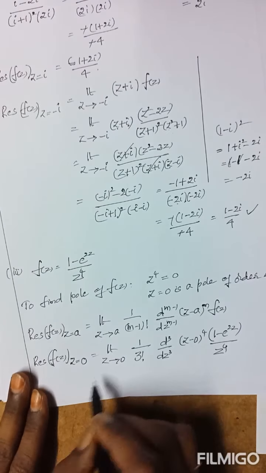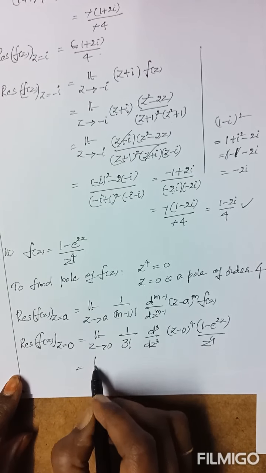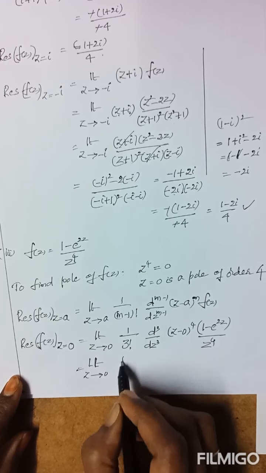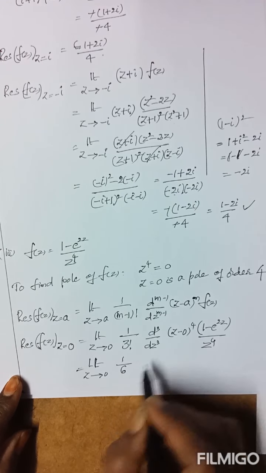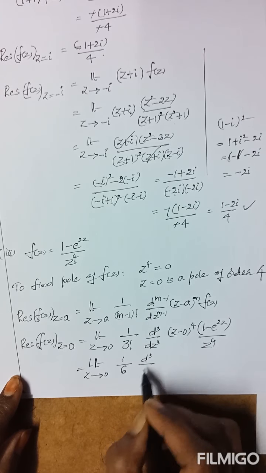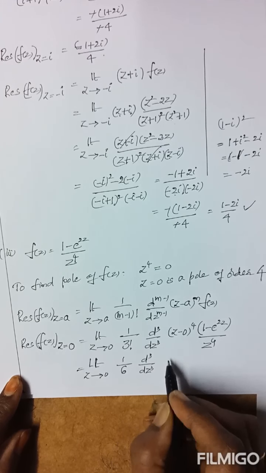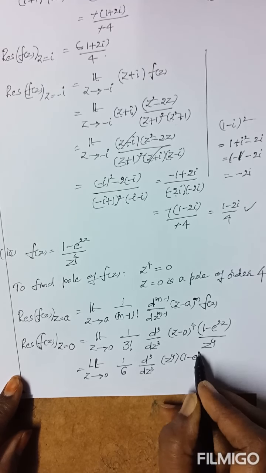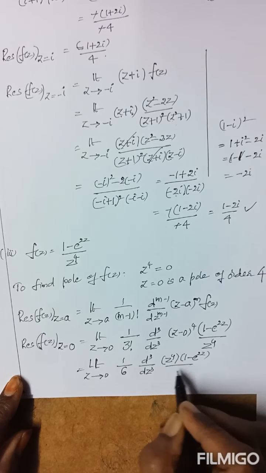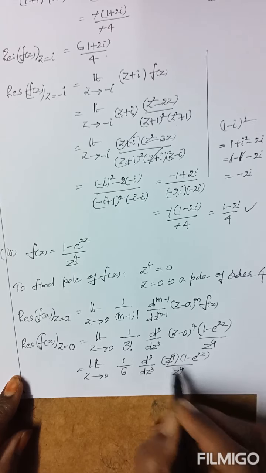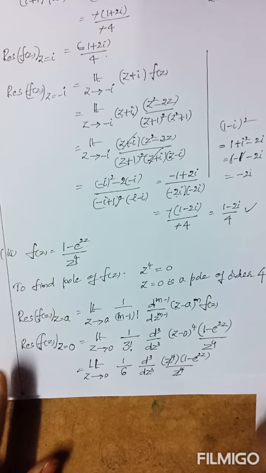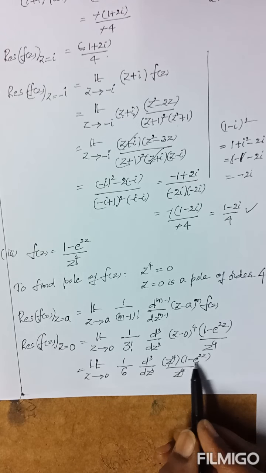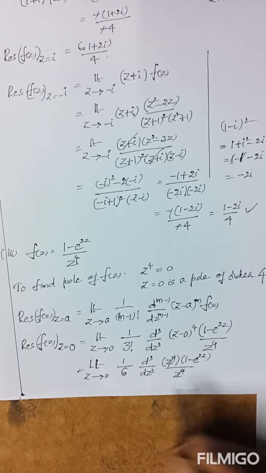Substitution and simplification. Limit of z tends to 0, 1 by 3 factorial, which is nothing but 6. D cube by dz cube, z power 4 into (1 minus e power 2z) by z power 4. Now these two get cancelled. Next, in the next step, 3 times the derivative of 1 minus e power 2z with respect to z.